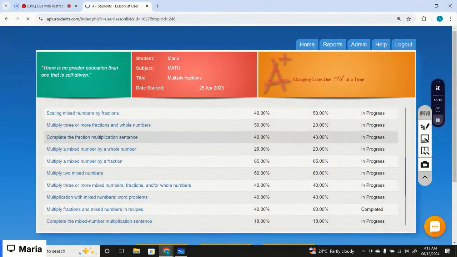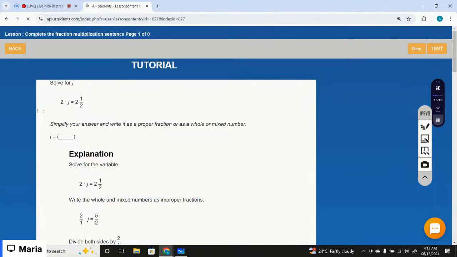Okay, complete the fraction multiplication sentence. 2 times j equals 2 whole 1 over 2. You have to find the value of j. So let's just see how we calculate the value of j.